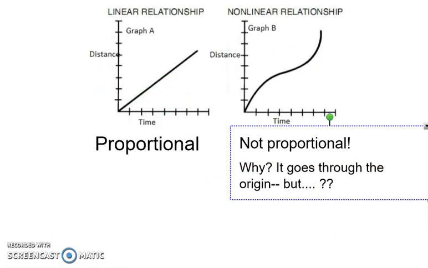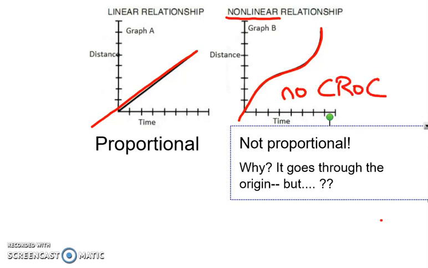This is just a quick example to show you that just because a graph goes through the origin, it isn't necessarily proportional. This graph is going through the origin, but it is not linear, it does not make a line. This is a curved line versus a straight line. And it's not proportional because it does not have a constant rate of change.